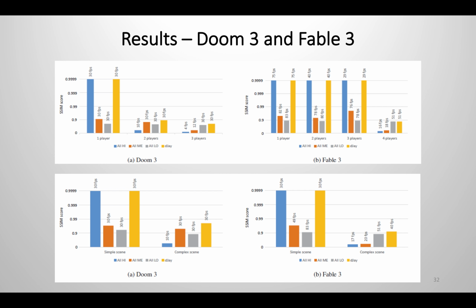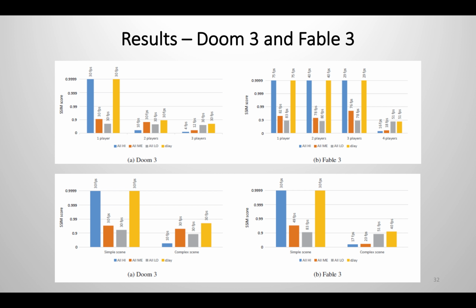And you can see that in the first part where it's one player, the SSIM score it's able to get with DJ is matching the score that you get when you play the game on high settings, which is really good as DJ is dynamically changing these settings.